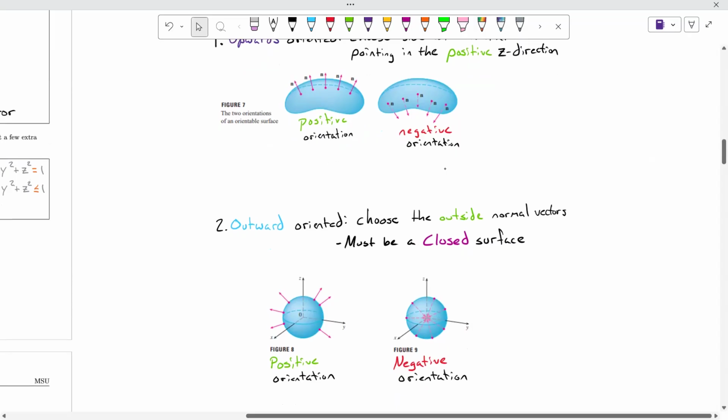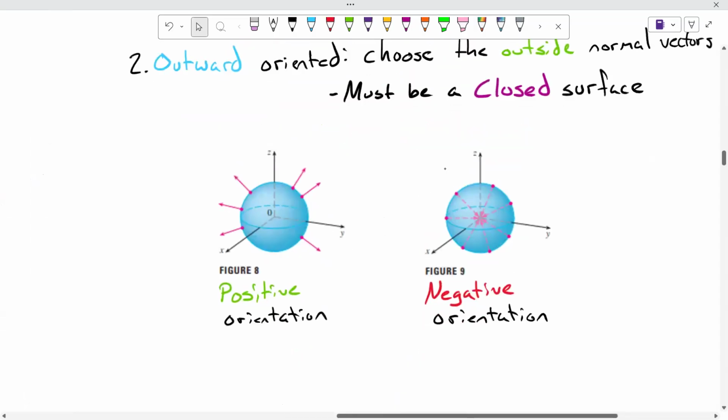For closed surfaces, that's where we need to go with in and out. So if you look at these two spheres and the normal vectors that go around it, some of those normal vectors that point out will point up while some point down. Some point left, some point right. Some point forward, some point backwards. But all of them point out of the surface.